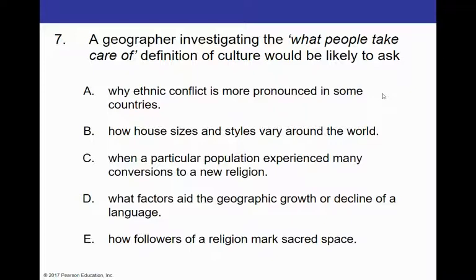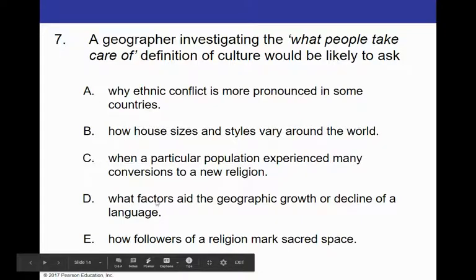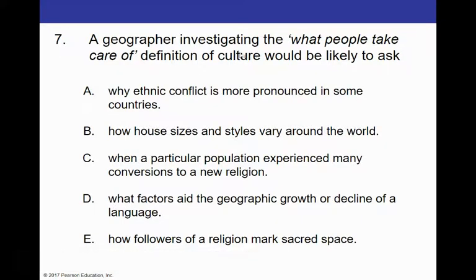What kind of question would you ask somebody? So looking at these, hopefully you crossed off E, how followers of a religion mark sacred places, because that's something people care about. Hopefully you crossed off D, what factors aid the geographic growth and decline of a language. Not even related to the question it's asking.